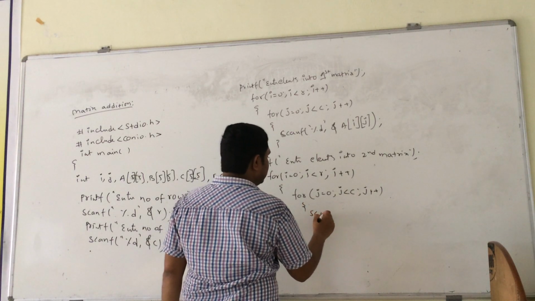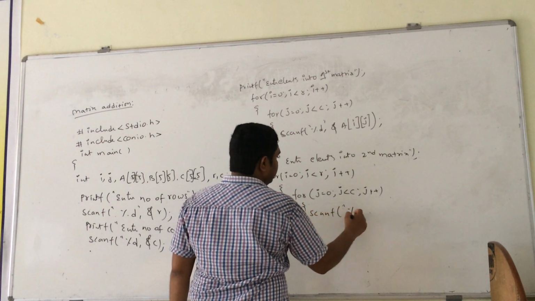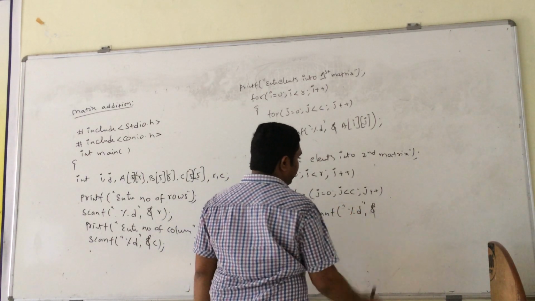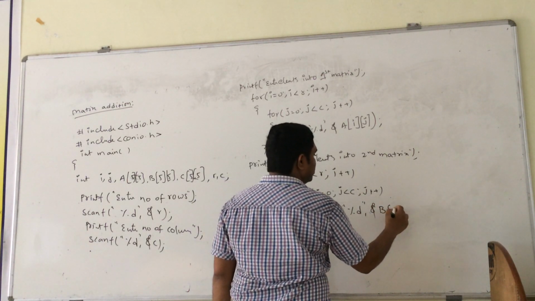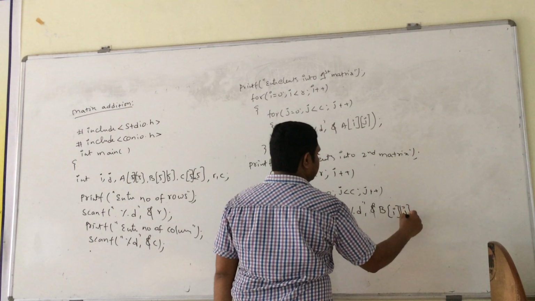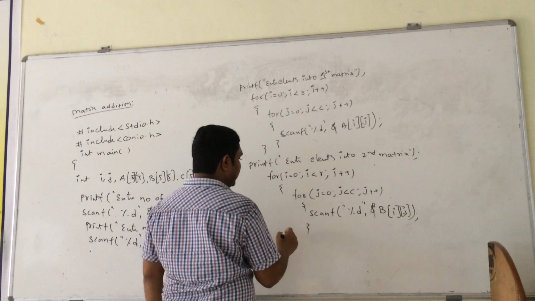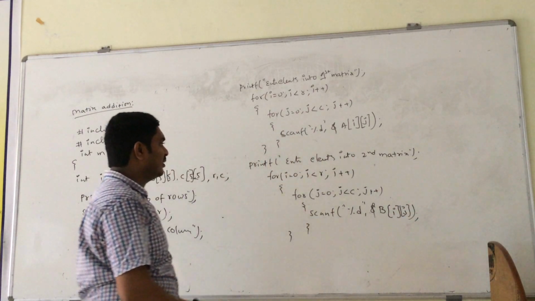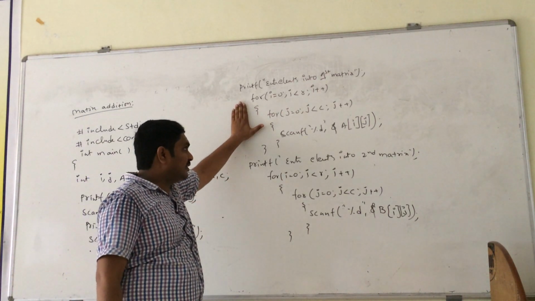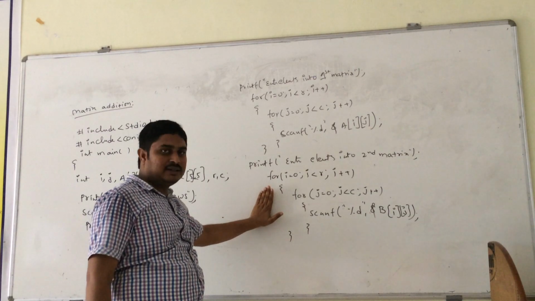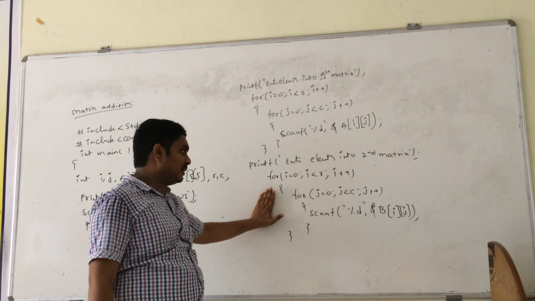I am scanning the elements, scanf %d comma ampersand. These are stored in the second matrix, that is the B matrix, at the position i and j. So this is the end of the inner for loop and this is the end of the outer for loop. Here I entered the values into the first matrix, and here I entered the values into the second matrix.